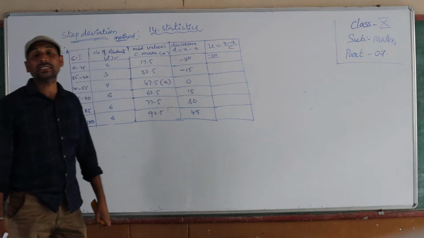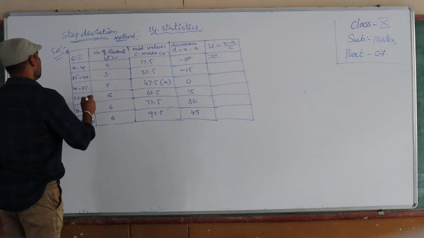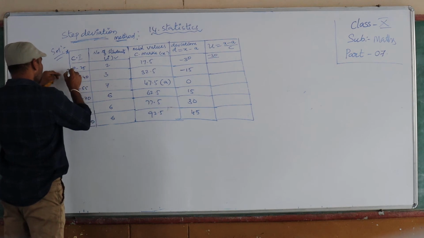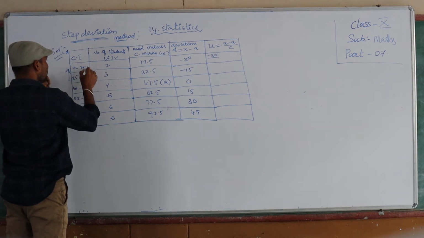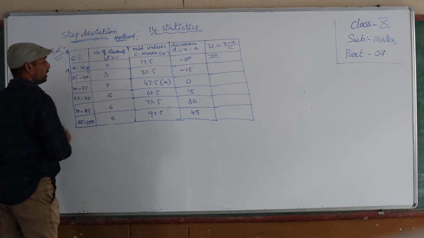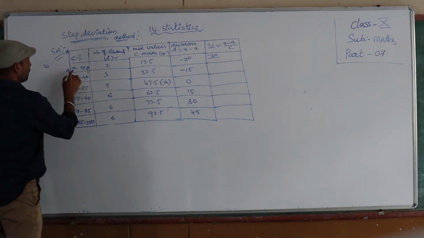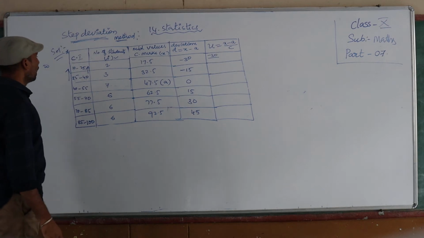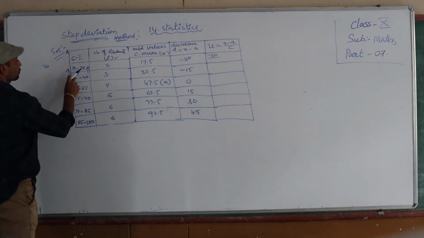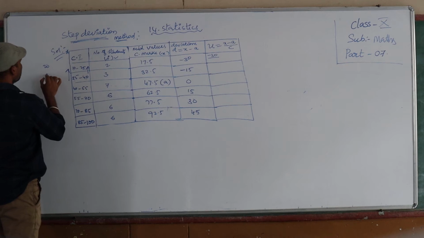C is nothing but the class size, the difference between these two values. 40 minus 25, how much do we get? 15. Or 25 minus 10, how much do we get? 15.